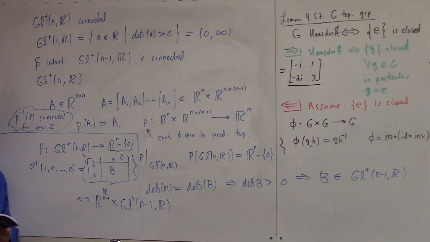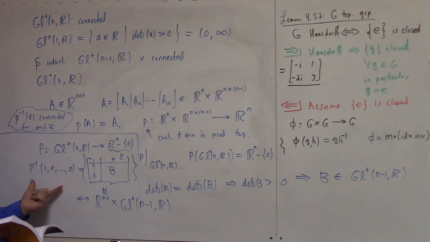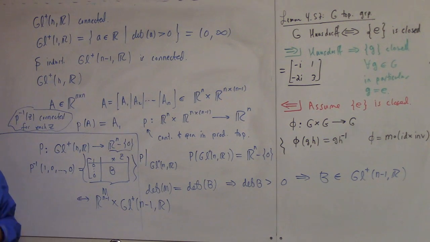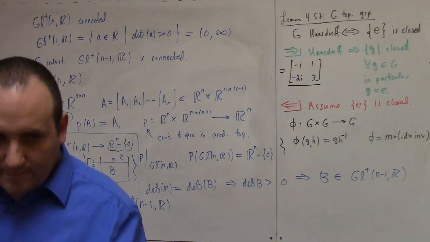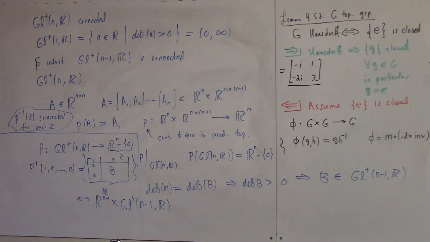Okay, so then he proves next that the fibers are homeomorphic. And so if we prove that this one is connected, all the other ones are also connected. The proof that they're homeomorphic involves basically matrix multiplication.